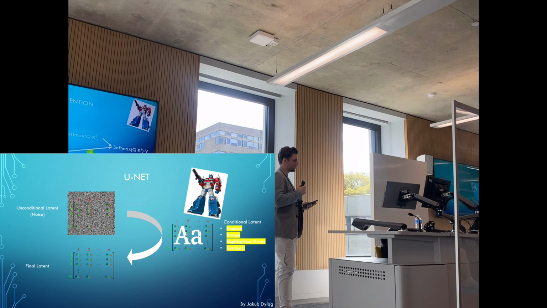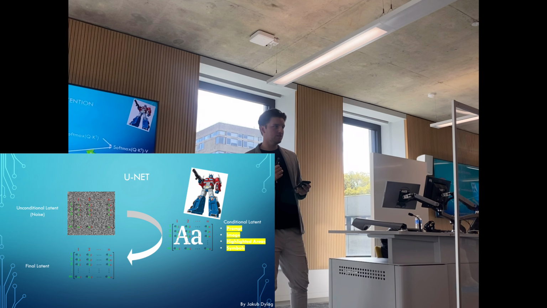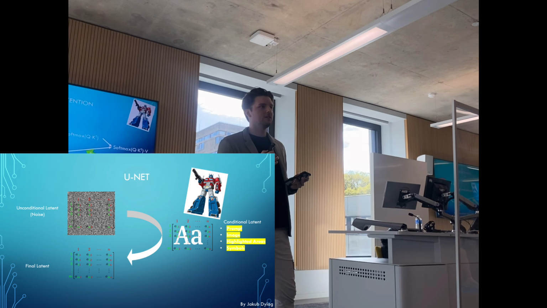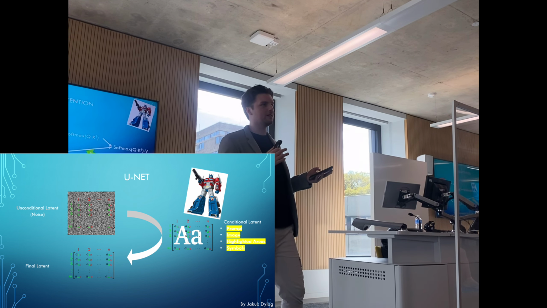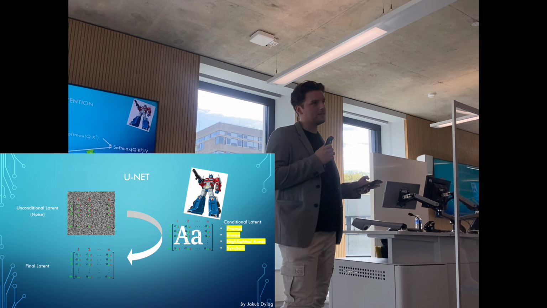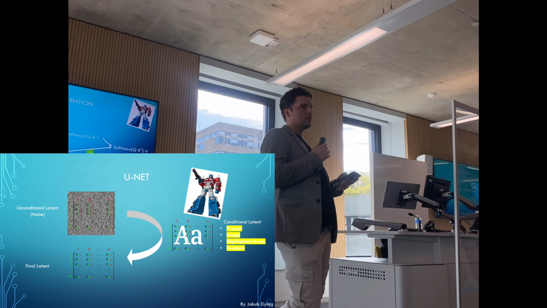So cross-attention is made up of 3 parts. We have Q for the query matrix, so each one of these is a matrix. We have the query matrix, K for keys, and V for values. You can see here the queries are made from just one normal linear layer from the noise. Then the prompt goes through another layer, which gives us the keys, and a different layer gives us the values.